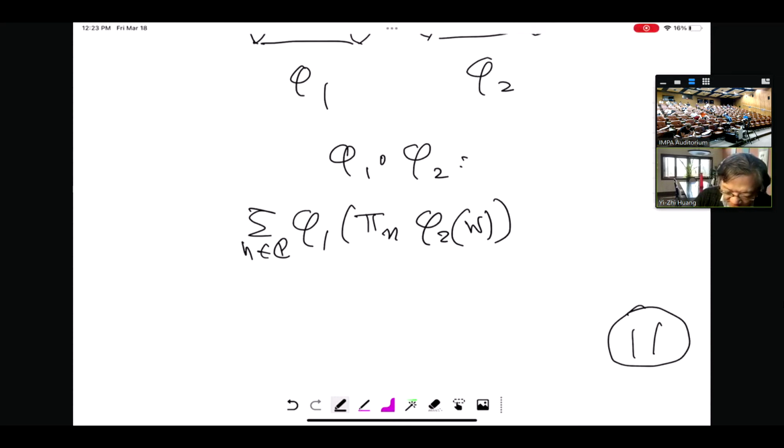So we have to consider such a sum, and the convergence problem is exactly that. Why is this convergent? Okay, so this is another convergence problem in this case.